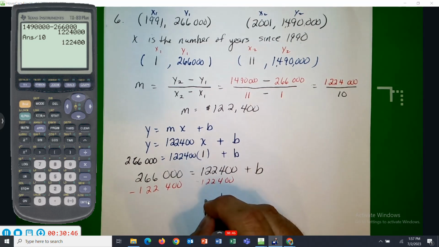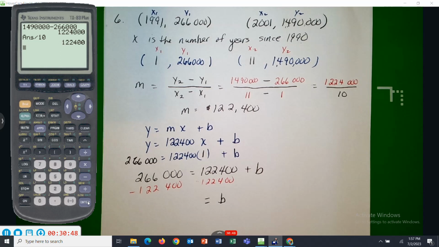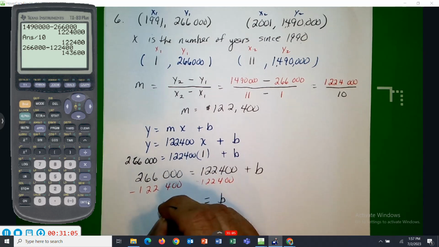So b is, let's see, 266,000 minus 122,400. B is 143,600.